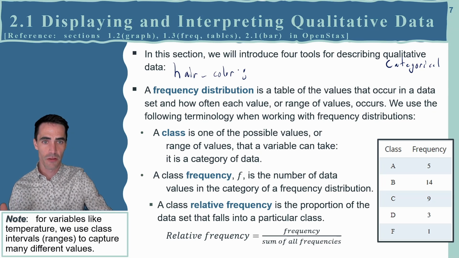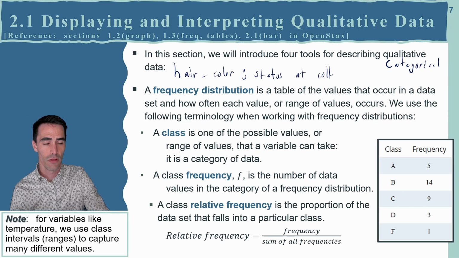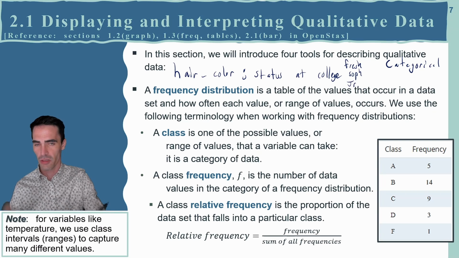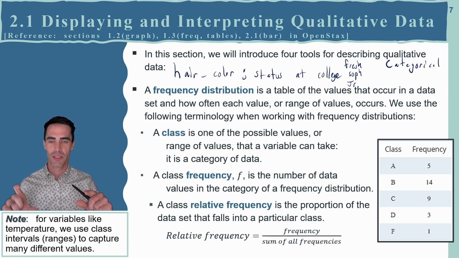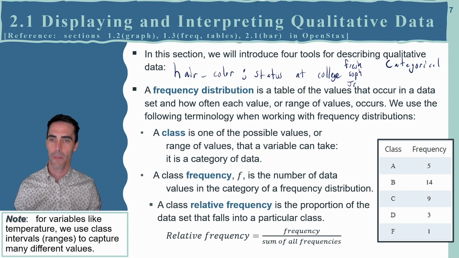There's also many others. For instance, we could say status at college. And by status, we could talk about freshman, sophomore, junior, and senior, and so on, right? And we could have these different categories that we put people into.